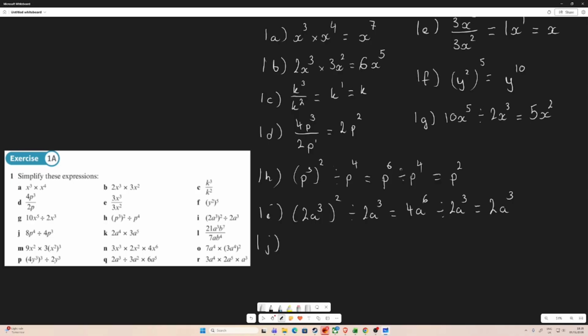1j. I have 8p to the power of 4 divided by 4p cubed. 8 divided by 4 is 2, and 4 take away 3 is 1, so that's 2p to the power of 1, which of course is just 2p.